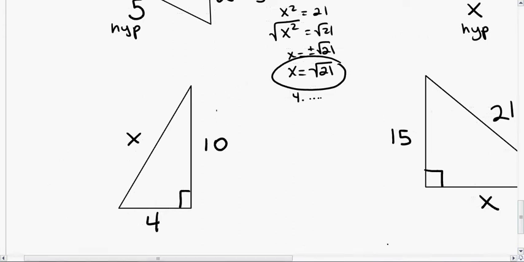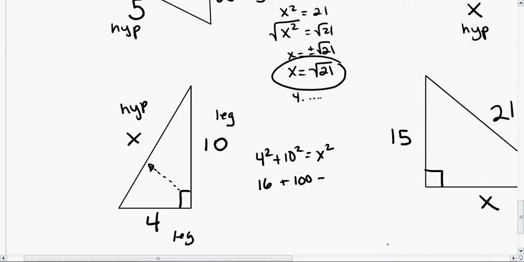So here the 10 is a leg, the 4 is a leg. I know that x is the hypotenuse because it's across from the right angle. Leg squared plus leg squared equals hypotenuse squared. 4 squared plus 10 squared equals x squared. 4 times 4 is 16. 10 times 10 is 100. 116 equals x squared.